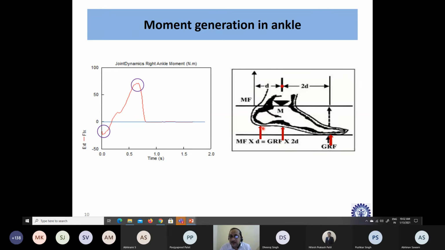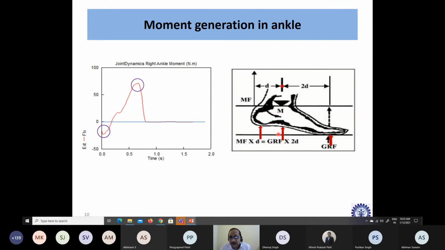So when it is actually heel strike, the ground reaction force, GRF, passes through the heel. So that produces a clockwise moment, and this is where it is negative because of the sign, because of the direction.